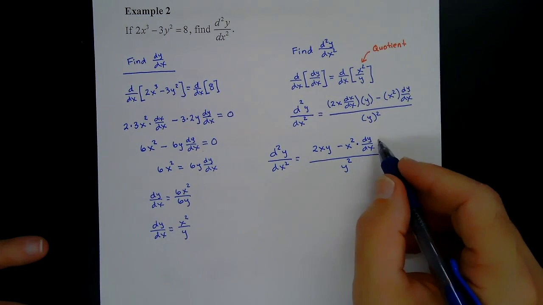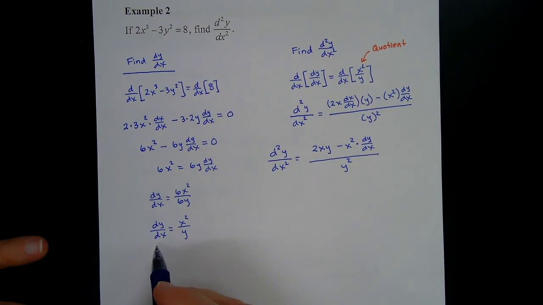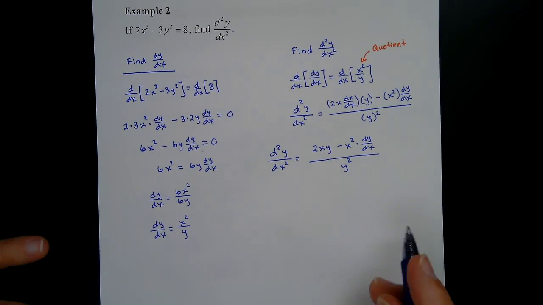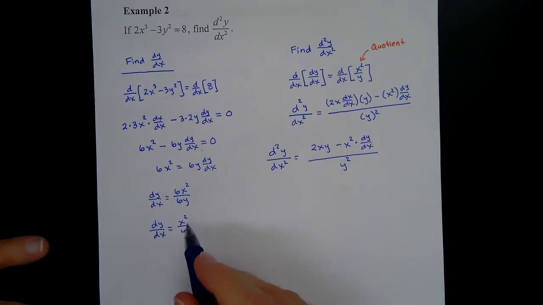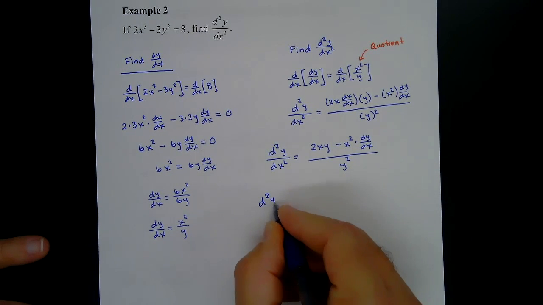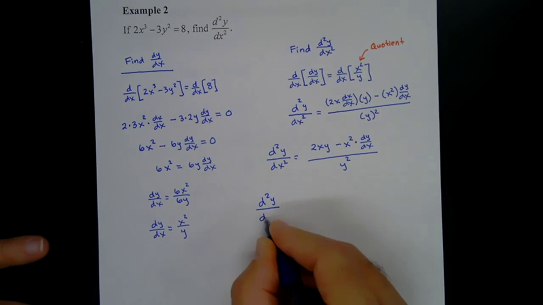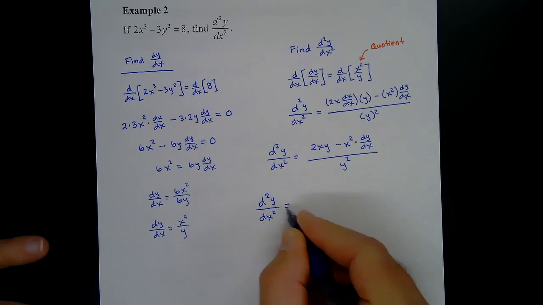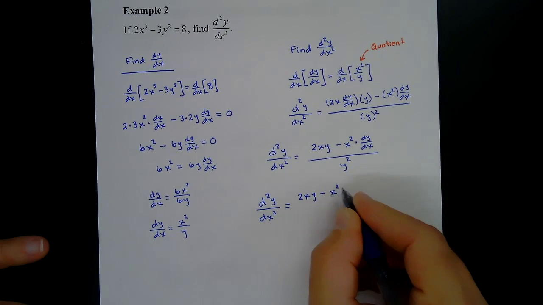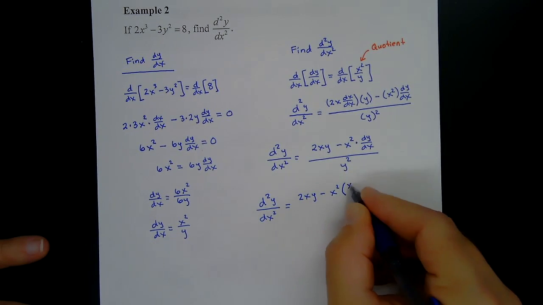I already know from the first part that the first derivative, dy over dx, is x squared over y. So I can remove this part and replace it with x squared over y. That makes the second derivative 2xy minus x squared times x squared over y, all over y squared.